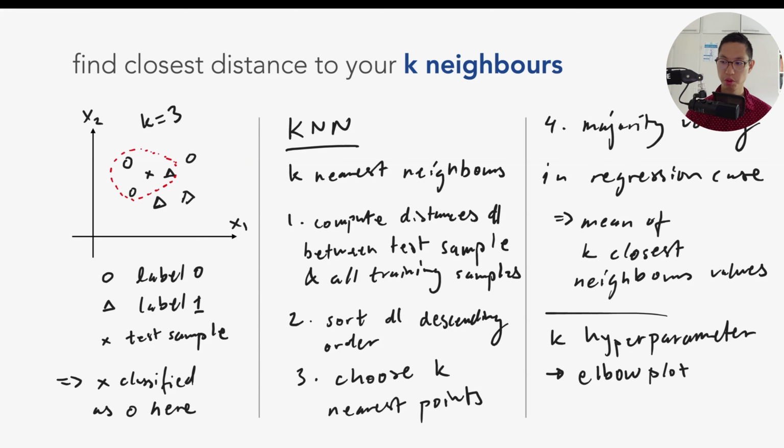You can do an elbow plot by taking a lot of different k values, and then you have your train, test, val split, and you will take a look into where we have the best score and the best metric. And you can do k-fold cross-validation to choose k.